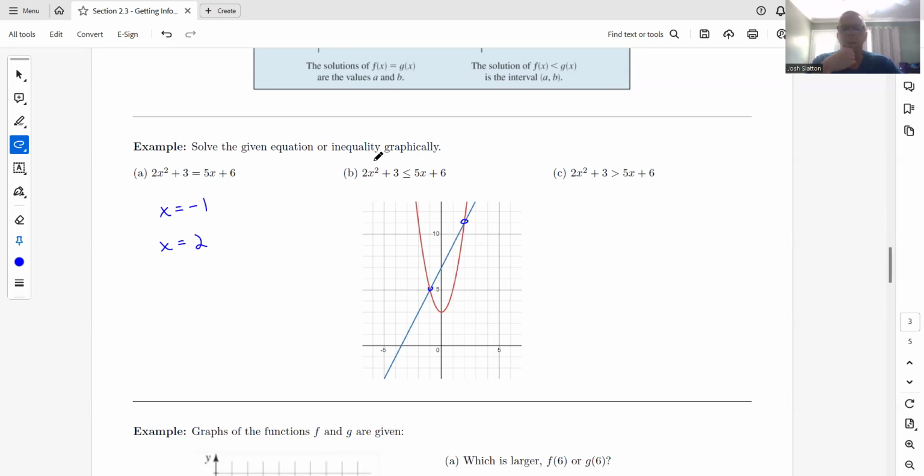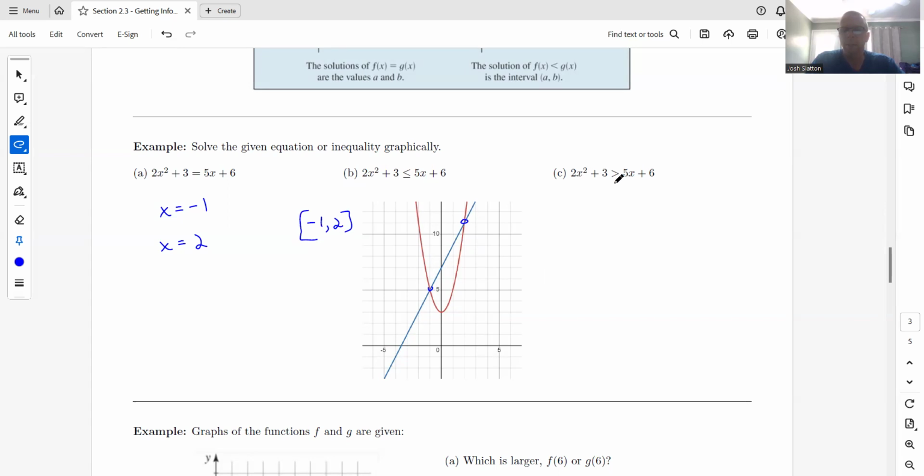Now, where is this one less than this one? Obviously, this one is the 2x squared plus 3. The linear is the 5x plus 6. So where is the quadratic lower than the linear? That would be where it's down here, so between -1 and 2. Now notice we have the equal part here, so we're going to write these in brackets because we want to include the -1, we want to include the 2.